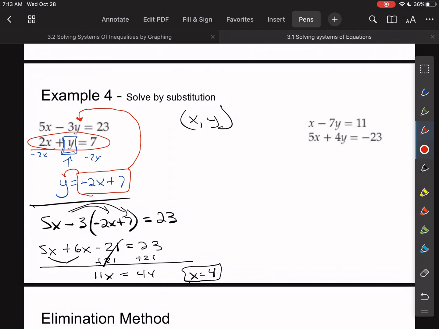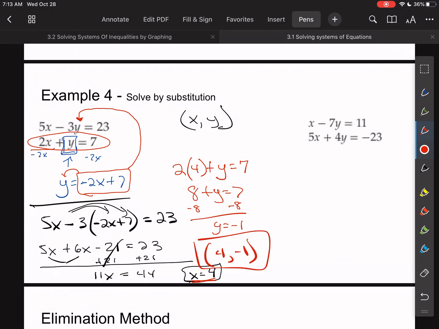I substituted the 4 in for x: 2 times 4 plus y is equal to 7. That's 8 plus y is equal to 7. If I subtract 8 from both sides, I get y is equal to negative 1. So my coordinate here would be 4 comma negative 1, and I'm done.